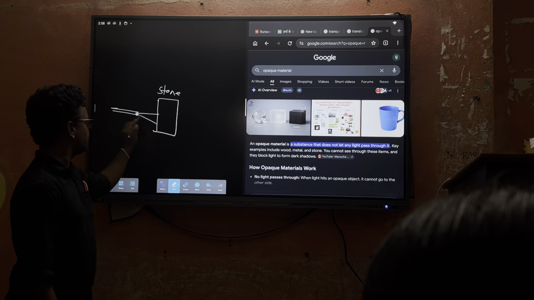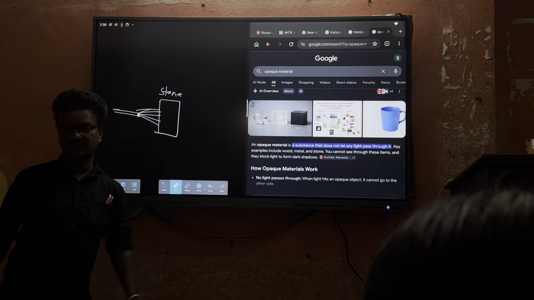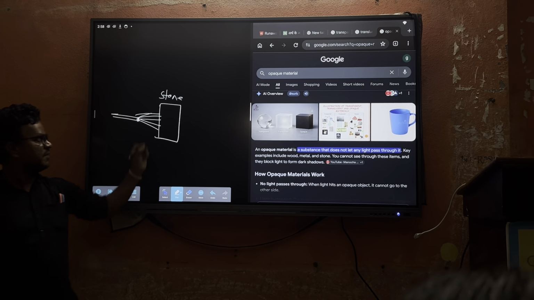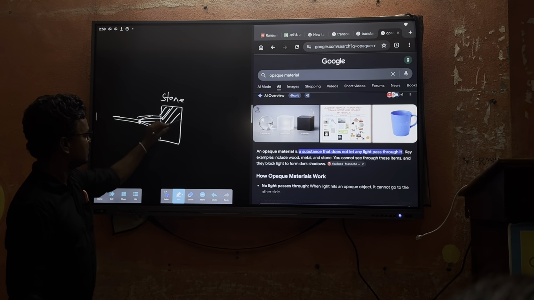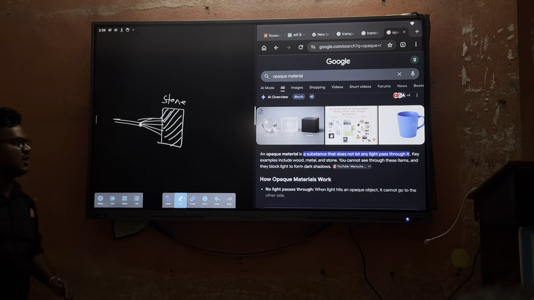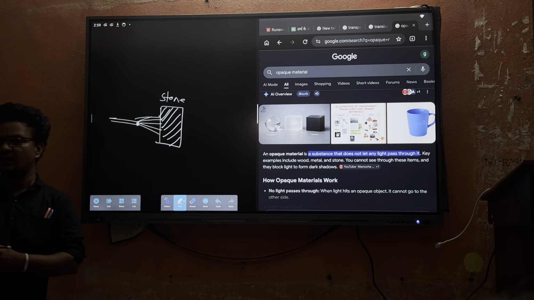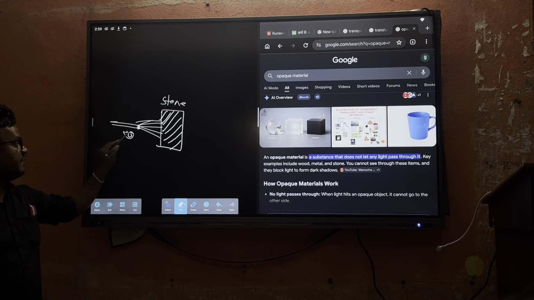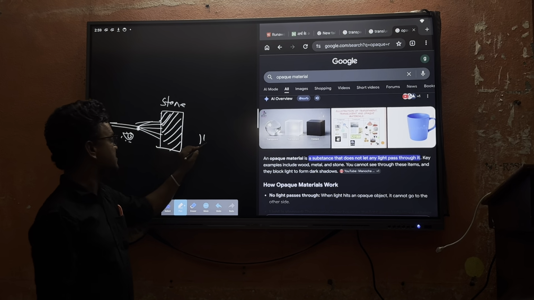Does the light pass through the brick or stone? No. All the rays are reflected back. That's why the human eye is unable to see the outside objects.